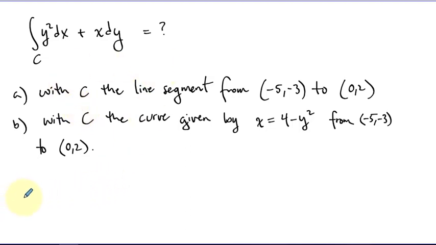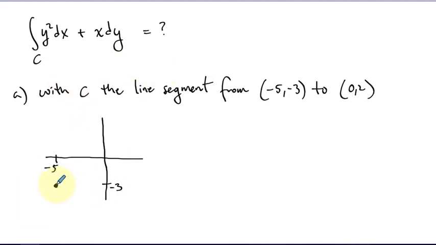So starting off with part A, I have the point -5, -3. The orientation is indicated here by the word "to", so it's from this point to the point 0, 2. So let's say that's there.